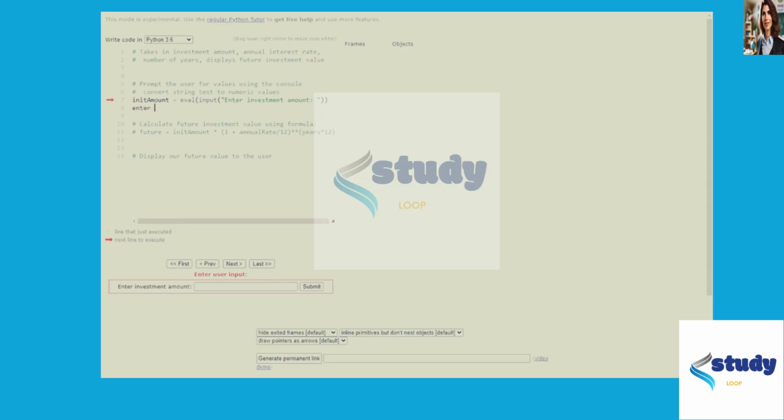And the annual interest rate, so we're going to get the annual rate. That's going to be equal to, remember to evaluate the string into a number so we can compute with it later. Let's see. Enter the annual interest rate. Okay, we're matching their input perfectly so far.